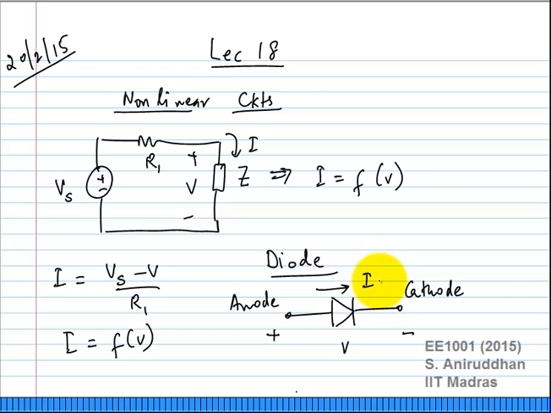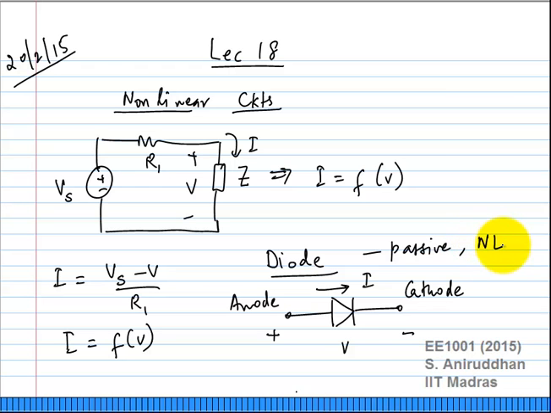So we will consider the case of a diode. The diode happens to be a passive element. It does not generate power, it only dissipates power, and of course it is nonlinear.